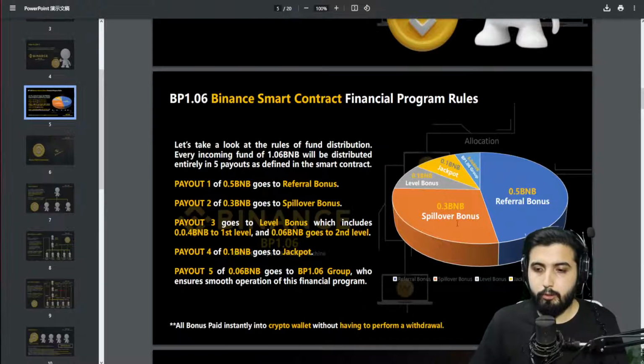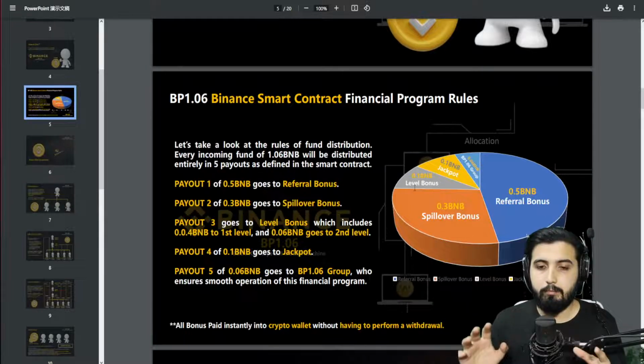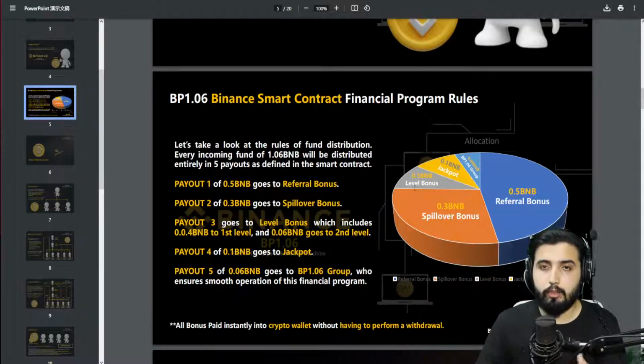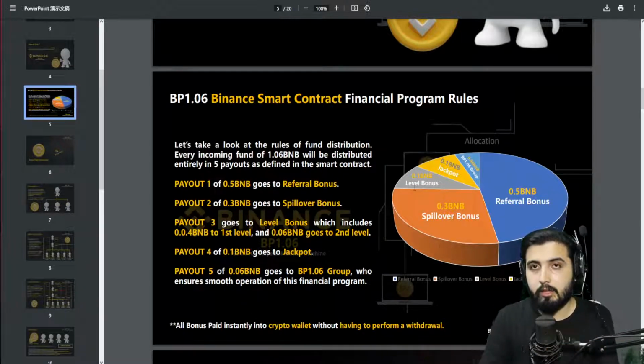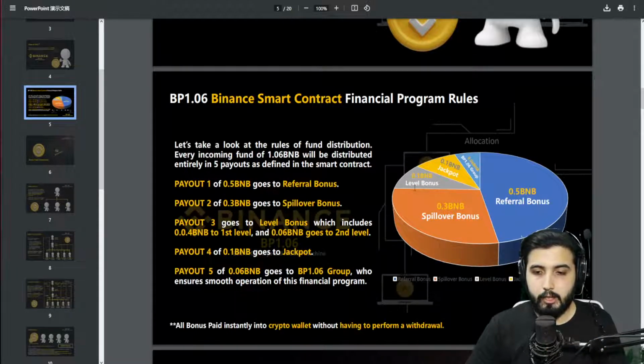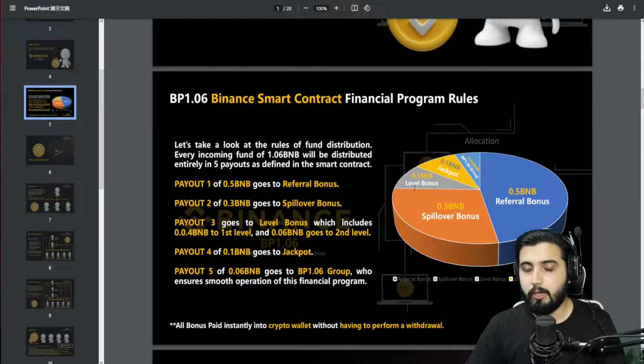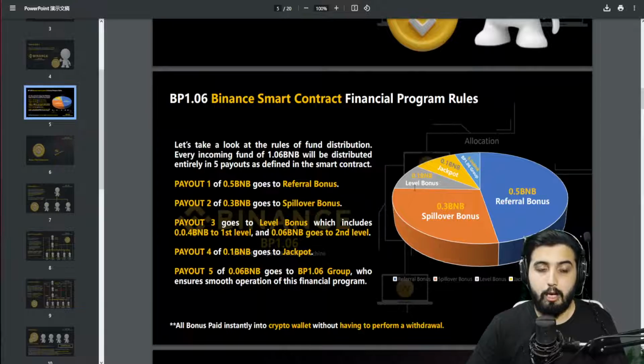We talked about the spillover bonus, and the level bonus, and the hierarchy, in which we have the upline boss, the upline boss, the boss, and then the agents that are referred. So you have the choice to climb up the ladder, because of course you are going to start as an agent, and then you can proceed forward. You can become the boss, you can become the upline boss, and then the upper upline boss.